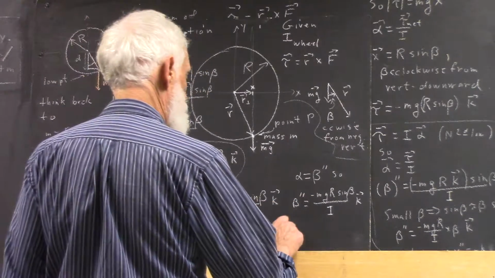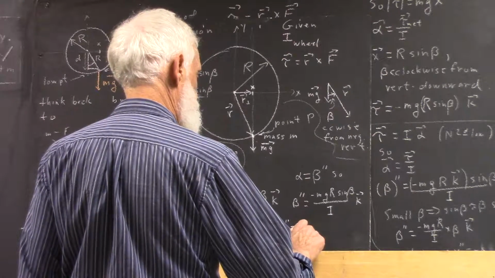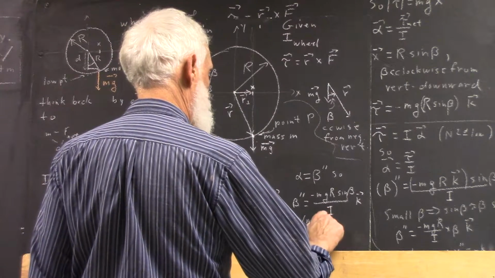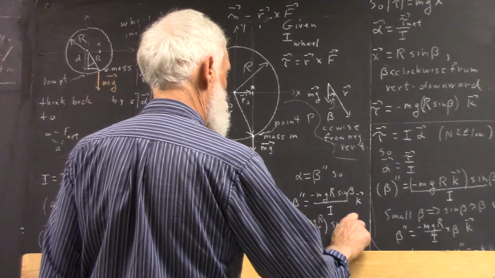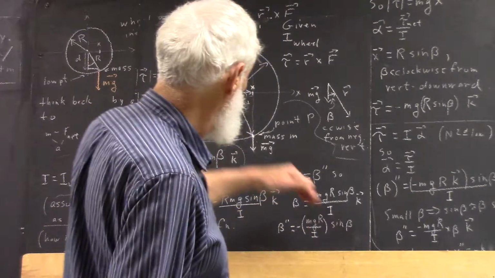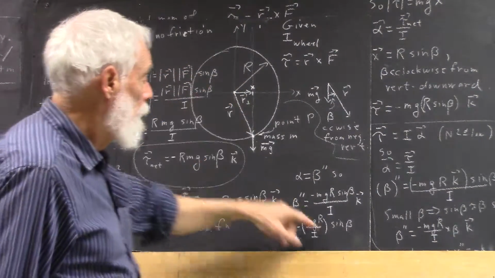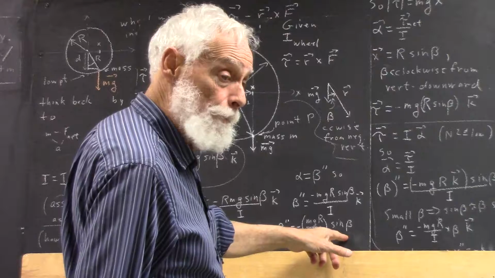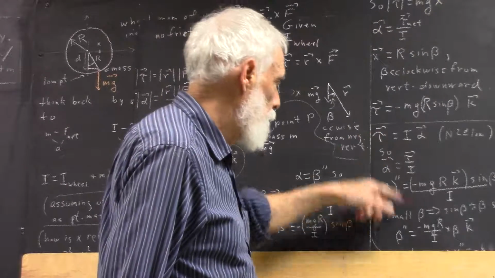Well, this equation is of the form beta double prime equals negative mgR over I sine beta, and also for small angles beta, because remember, we're assuming this is a small distance here, which will make the angle beta small, the sine of the angle beta is just close to the angle beta. So we're going to be able to do what we see over here.